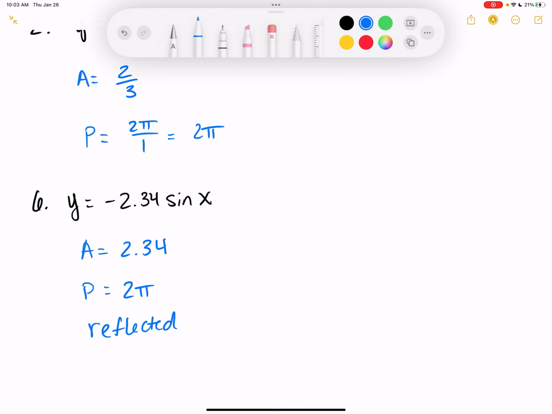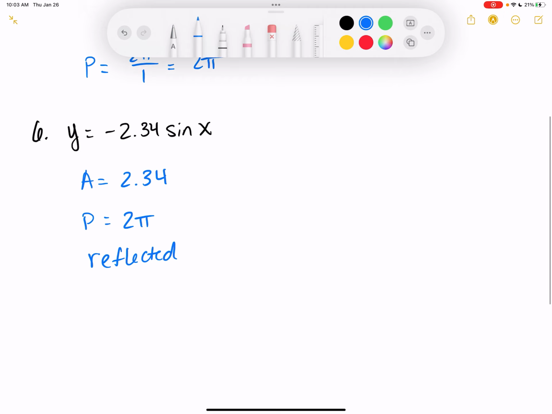The next ones are same instructions, except it says compared to the graph of y equals cosine of x. So y equals the cosine of x over 5.